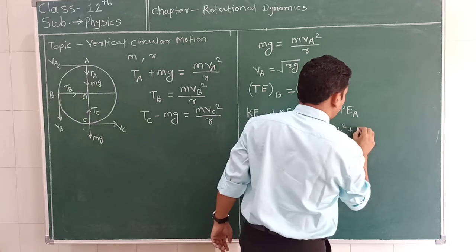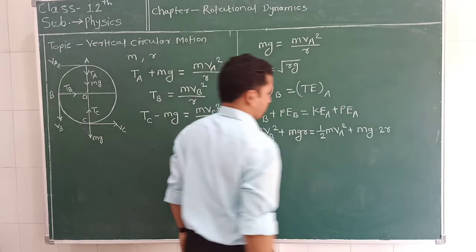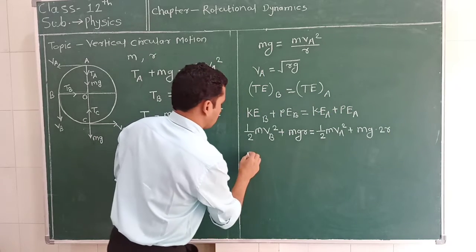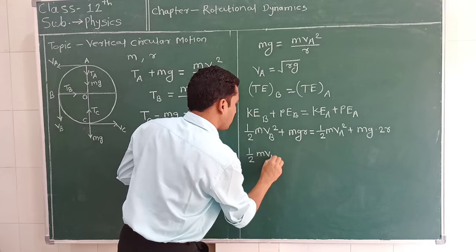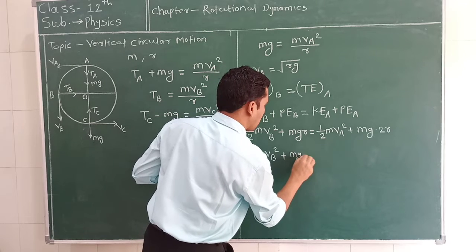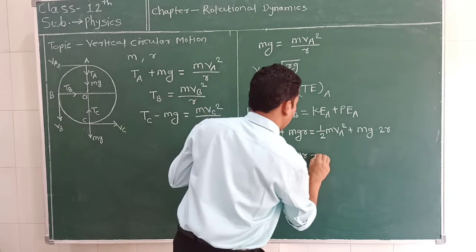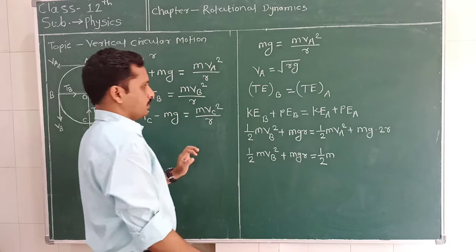Therefore, we can write it is equal to mg into 2r. Therefore, it is 1 by 2 m vb square plus mgr is equal to 1 by 2 m va square plus 2mgr.